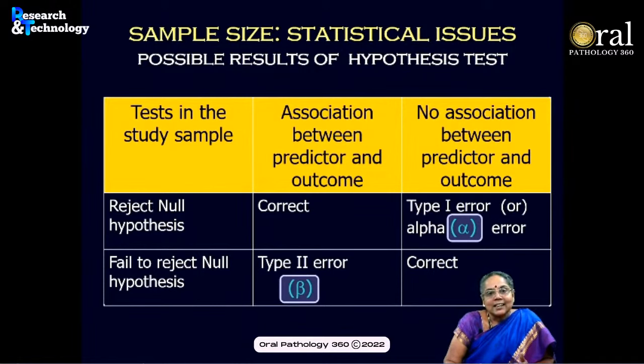But there is an inherent chance, as I have explained to you, that if there is in reality no association between the predictor and the outcome, that is the probiotic and the candida, but based on my result, I reject the null hypothesis. When in reality the null hypothesis is true, I'm committing a type 1 error, also called the alpha error.